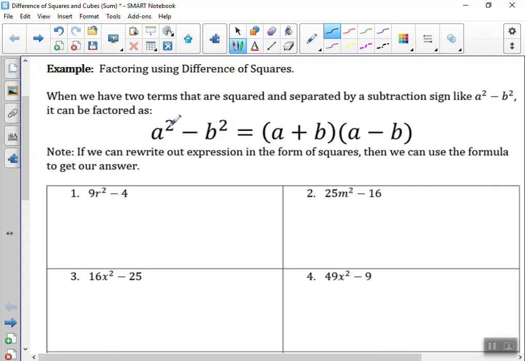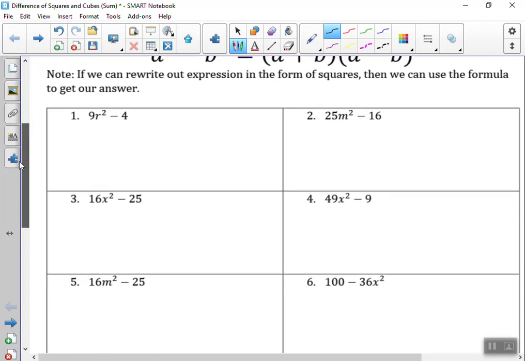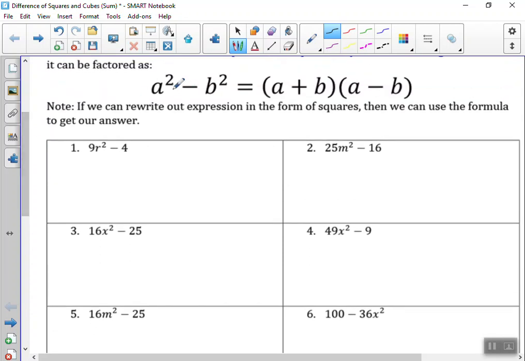So if you have something squared minus another number squared, or it could be variables, you simply write it like this. You take a plus b, and then a minus b, and that's it, okay? But the challenging part is to get it into this form right here.